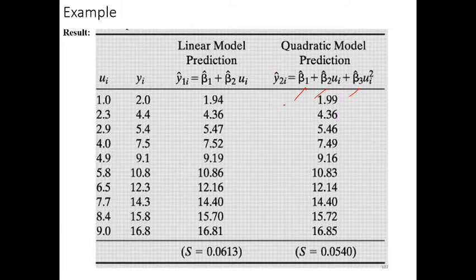So I request you to go through that book and try to find this out also. When you find the model, you should know the formulas for beta 1 and beta 2 in the linear model prediction. So you can find out these values.